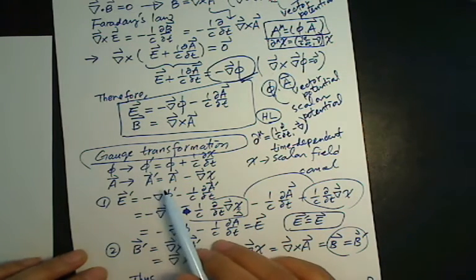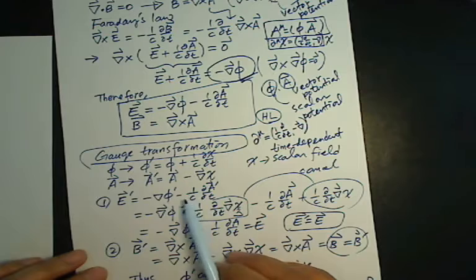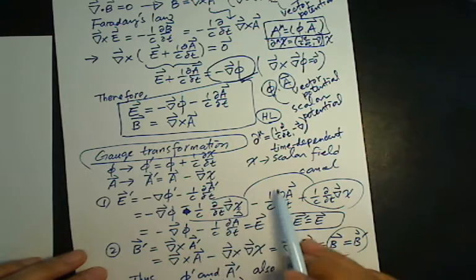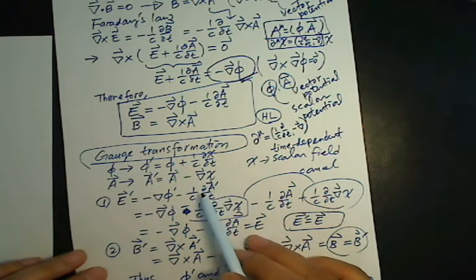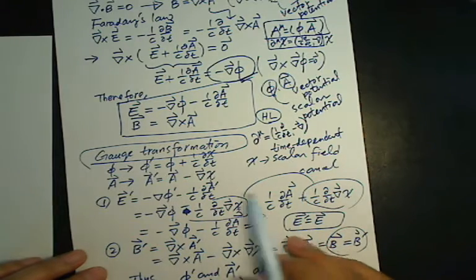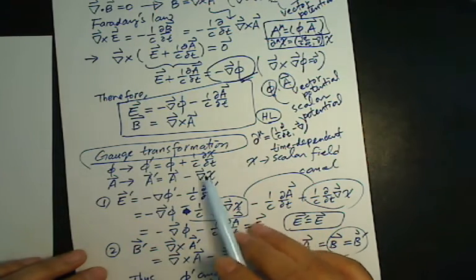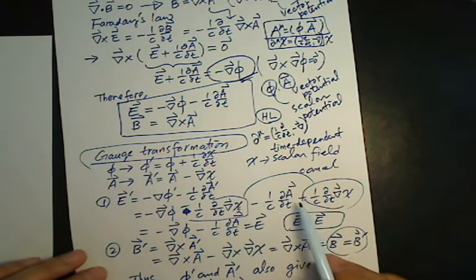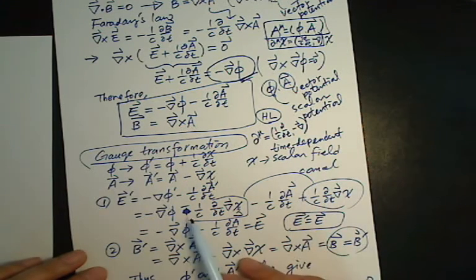And then we have this contribution, minus 1 over c times the time derivative of A. And substituting in here, it becomes 1 over c times the time derivative of chi gradient. But we notice that this has a positive sign and this has a negative sign.